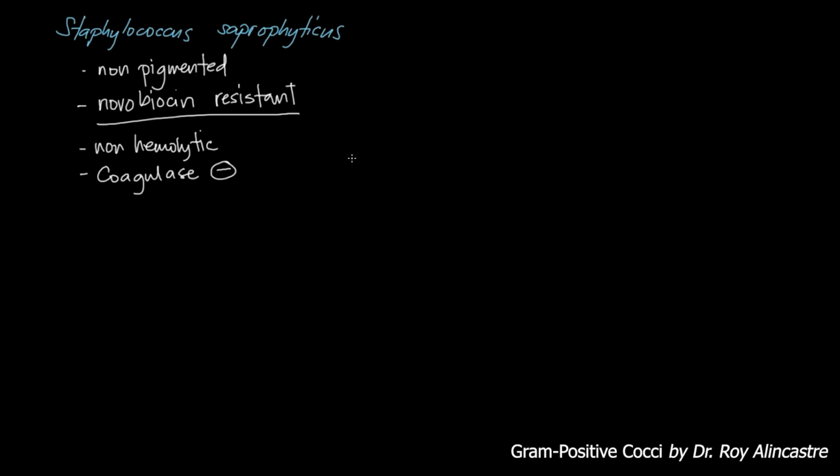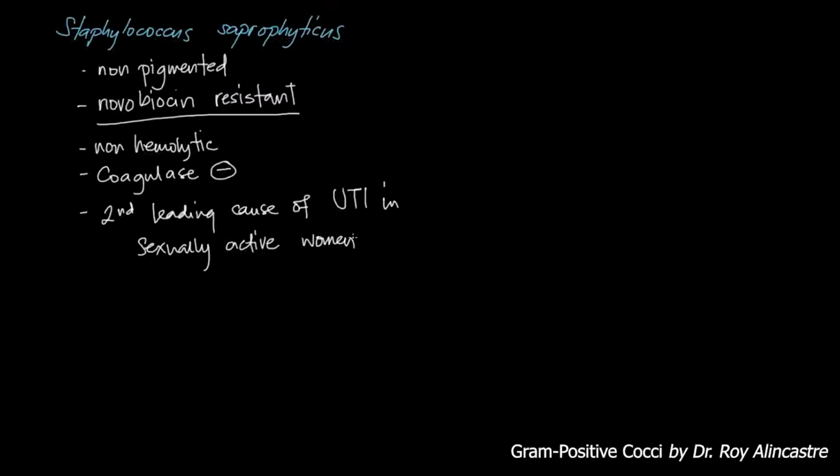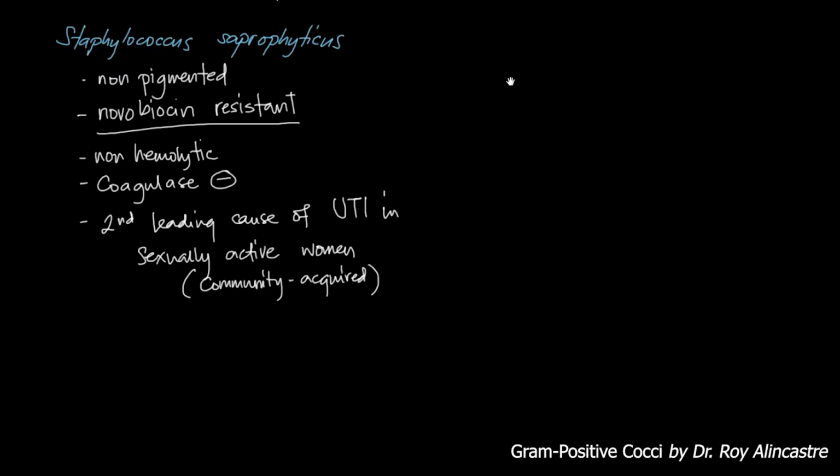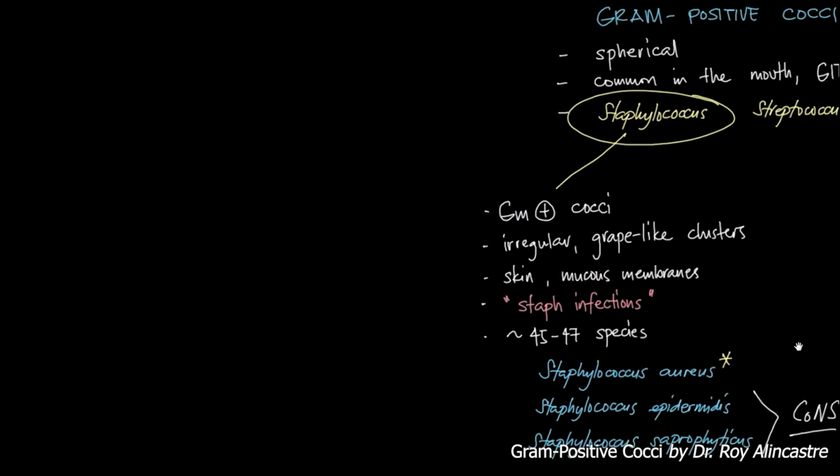Staph saprophyticus is the second leading cause of urinary tract infections in sexually active young women. The first is E. coli. And it is most commonly acquired by females in the community. That's why in other sources it says it is a common cause of UTI in promiscuous women.